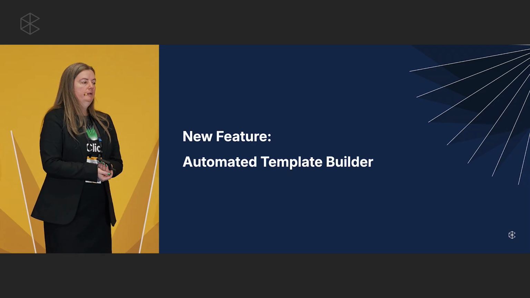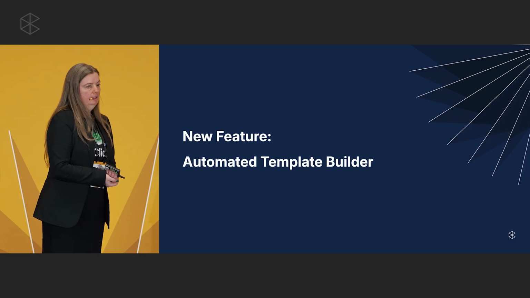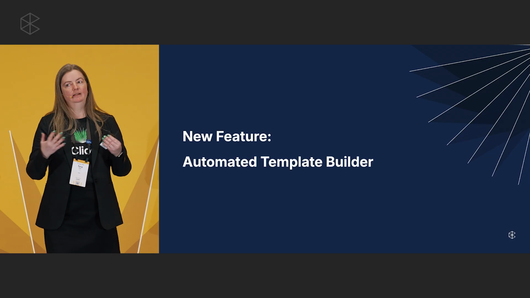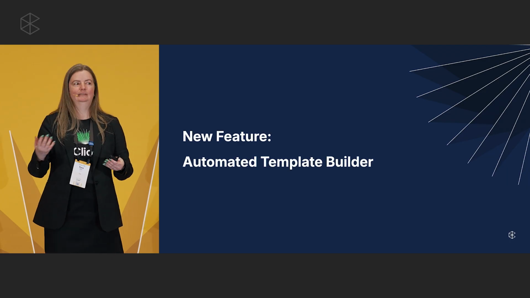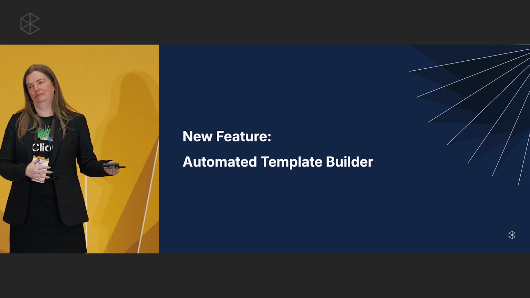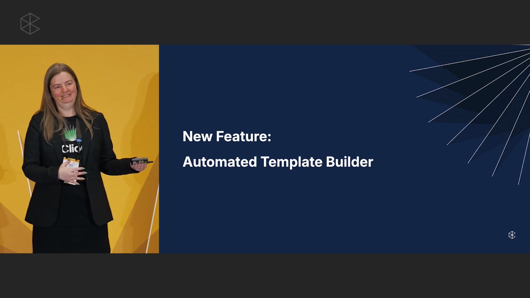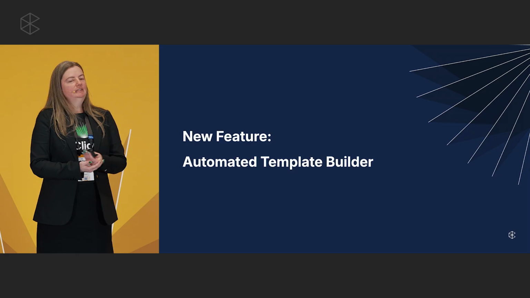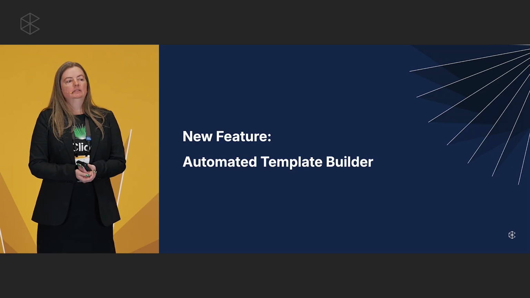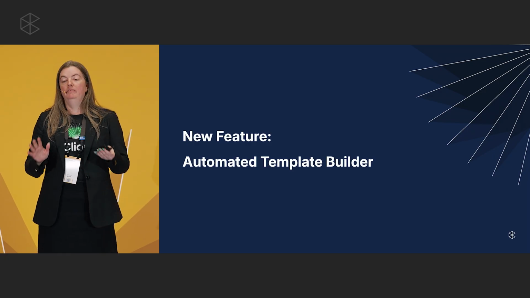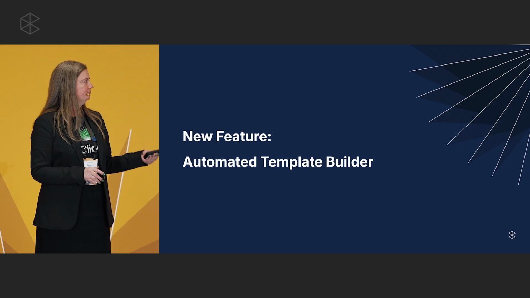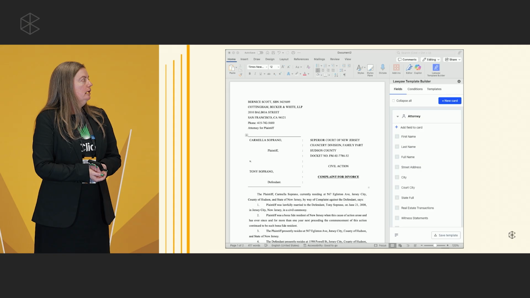But if we have to create a whole bunch of templates because maybe we just bought Draft and we're just getting started, or maybe we've had Draft for a while and now we're like, oh, I should probably go back and build something. I've heard that happens. Oh, I hear laughing. Yeah, that's a thing. You can use the automated template builder. So if you already have Draft, I'll talk about how you can get access to this at the end.